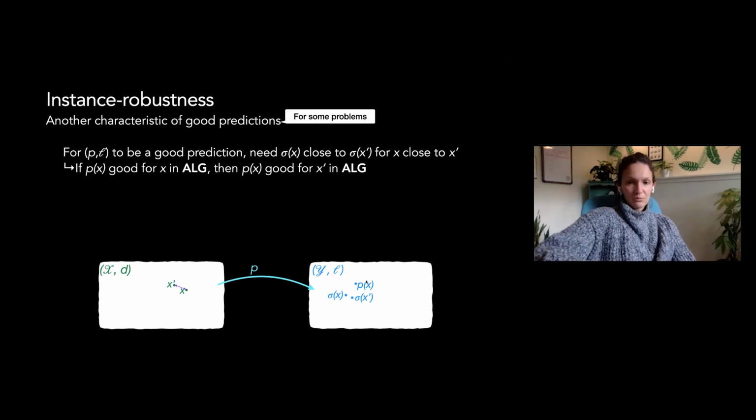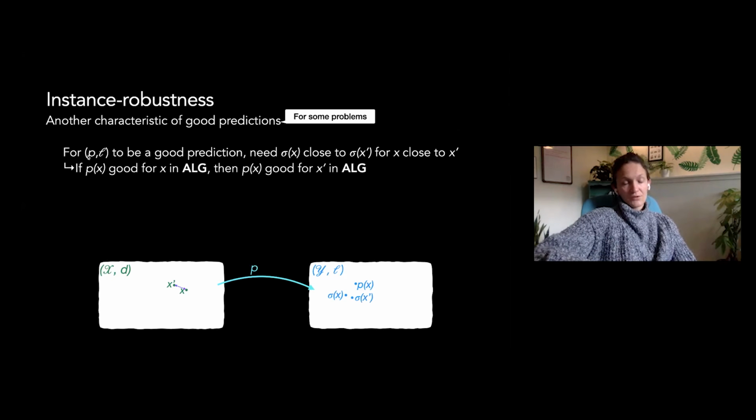That means that if the predictor p of x is a good prediction for sigma of x, then it's also a pretty good prediction for sigma of x prime. And so the point is that you can recycle your predictions in a way that isn't necessarily captured by having some underlying distribution over your instances.